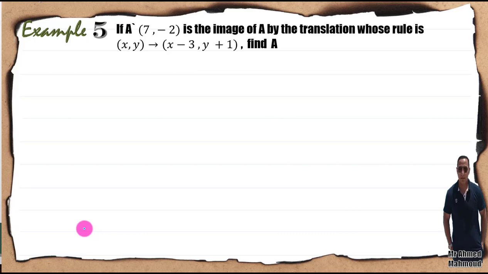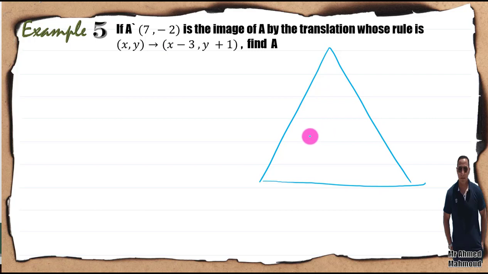Find A. Okay, here by using the magic triangle, the image, point, translation. Now I need what? I have the image, I have the translation, I need the point. The point equals image minus translation.